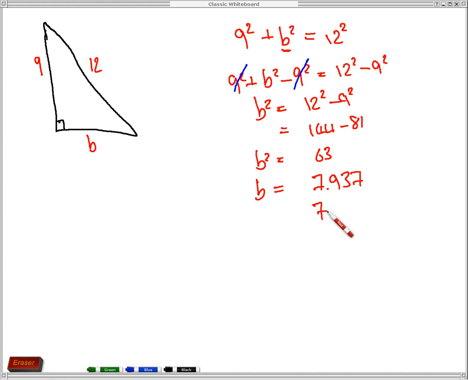And again, I'll just shorten this down to two significant figures, 7.94, so B equals 7.94.